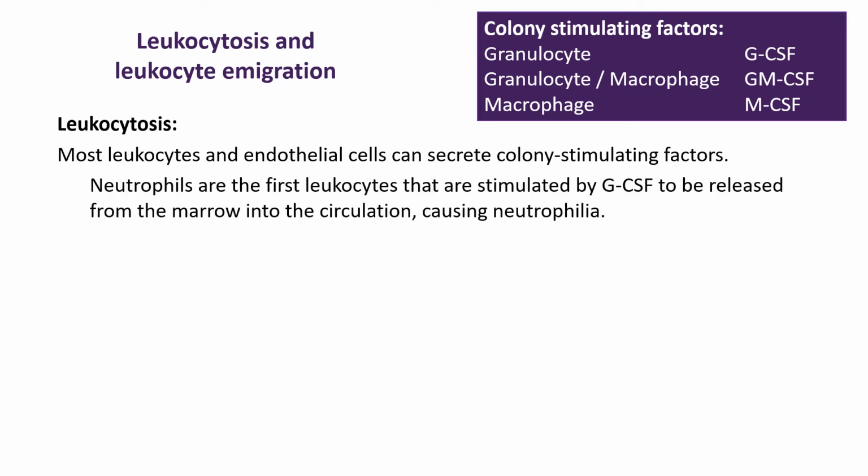Neutrophils, as we said, these are our first responders, are the first leukocytes that are stimulated by granulocyte, hence the G, colony stimulating factor. They're released from the marrow into the circulation and we get neutrophilia.